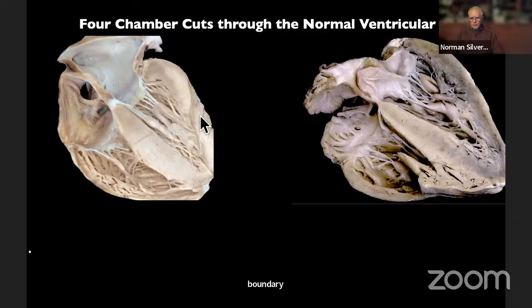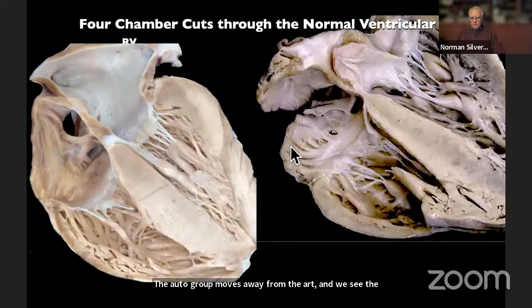So this is what we do echocardiographically between the time we see the four-chamber view with its posterior muscular interventricular recess, and we scan forward. The aortic root moves away from the heart, and we see the area of the membranous septum.